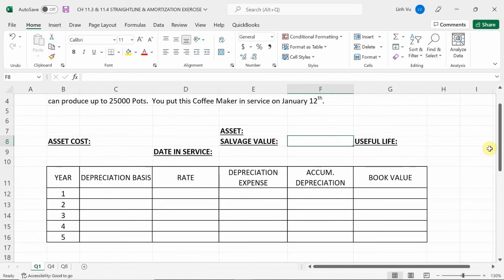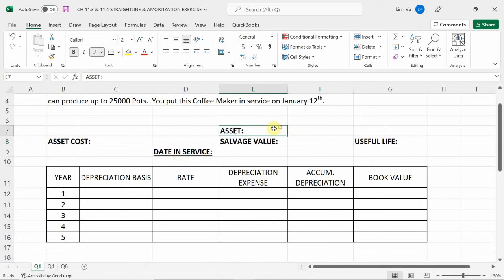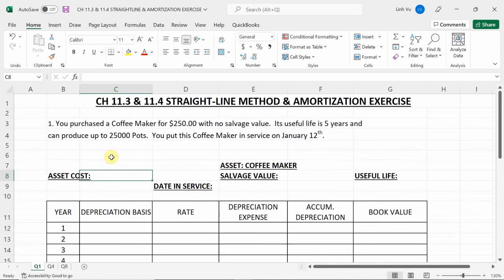January 1st. That means we're going to depreciate it for the whole year. So, let's identify our variables. What did I buy? A coffee maker. Okay, how much did the coffee maker cost you? $250.